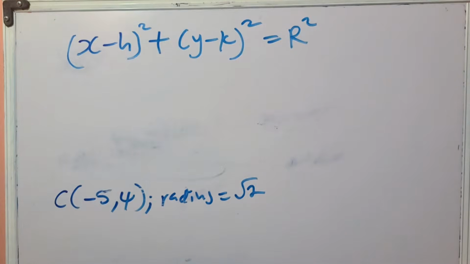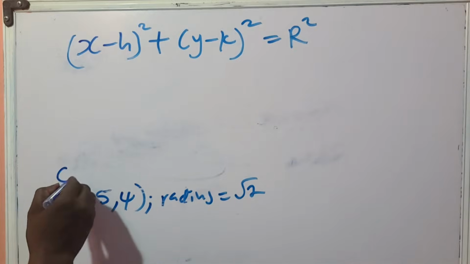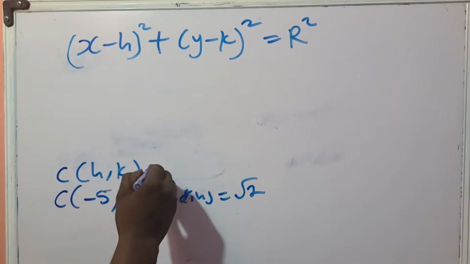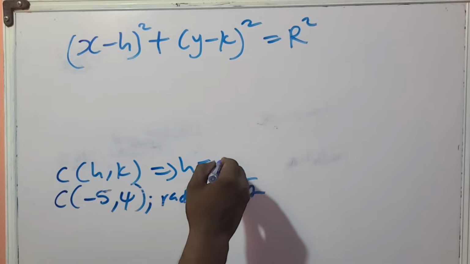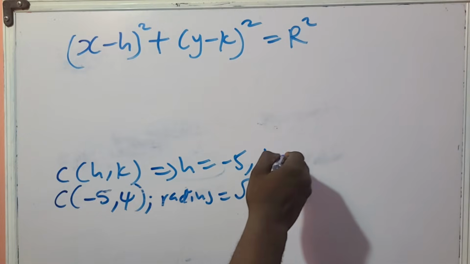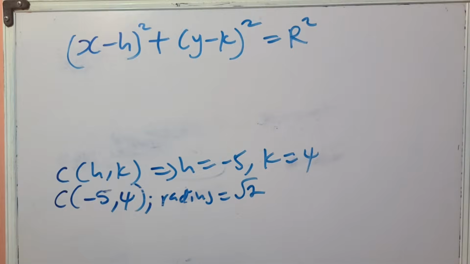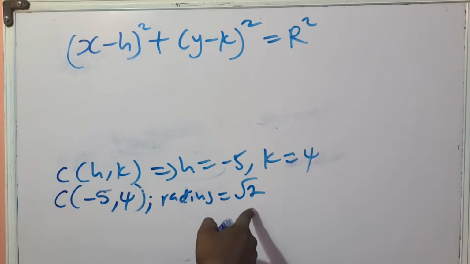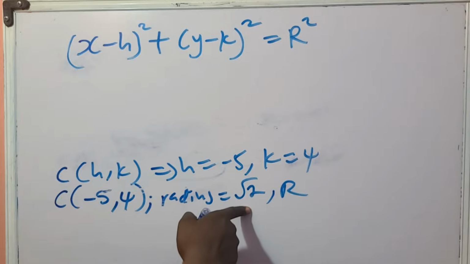I'm sure you remember what each of these things mean. Your center actually has a coordinate of h, k. So this means our h here is minus 5 and our k here is 4. And this r right here stands for the radius. And we're told that the radius is square root of 2.